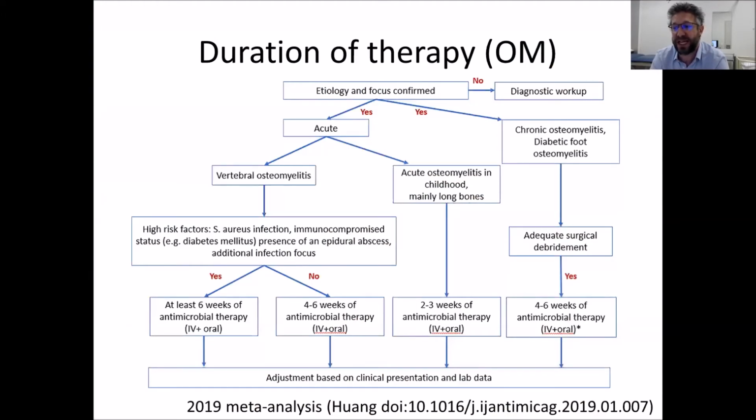I thought this was quite a neat meta-analysis where they looked at the available evidence in terms of duration of therapy. Their concluding algorithm suggests treatment pretty much in line with what would be our standard, with shorter treatment for acute osteomyelitis of childhood, and then for everything else about 4 to 6 weeks.